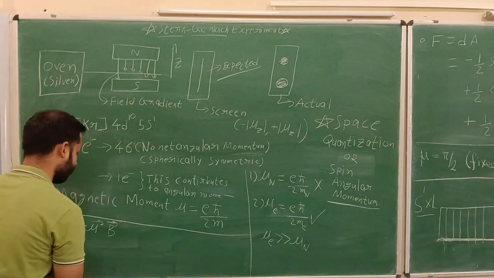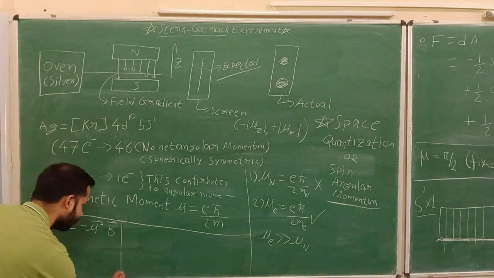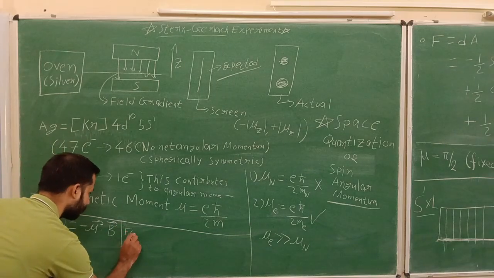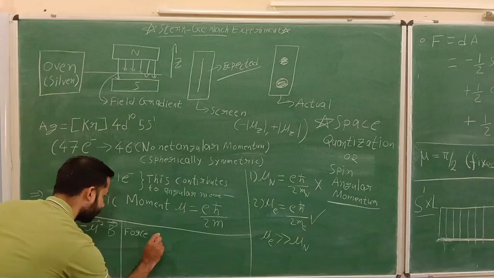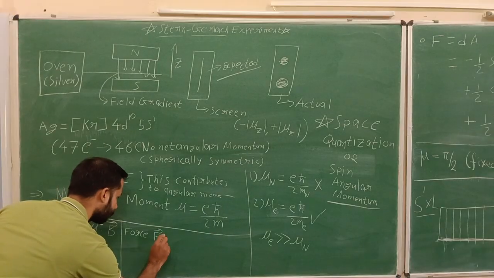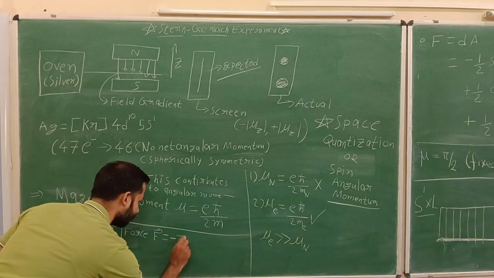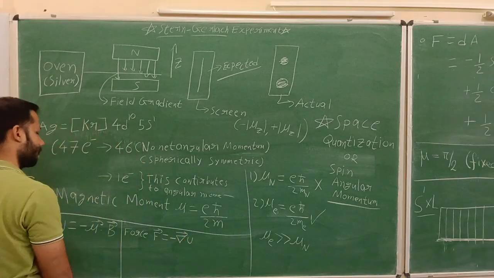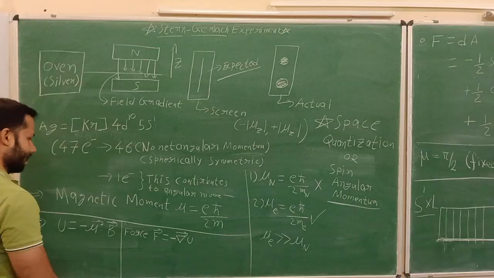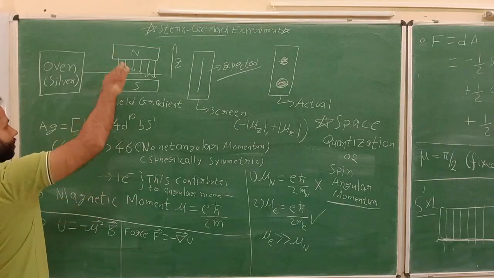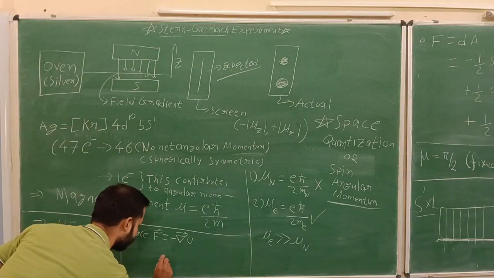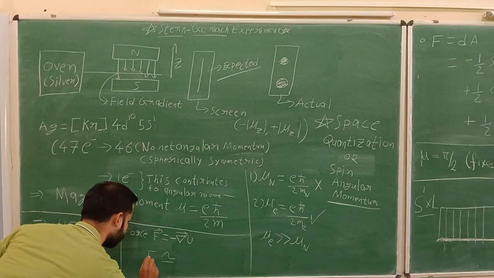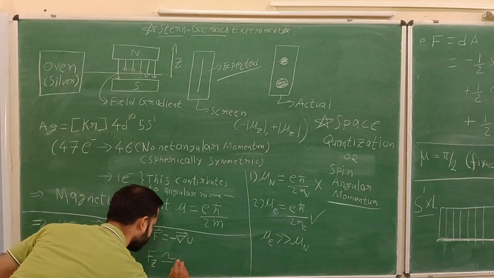And how do I obtain force? It is nothing but the negative gradient of energy, and since in our case this is only happening in the z direction, we can just write this.